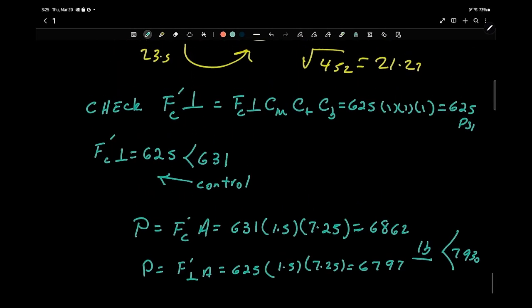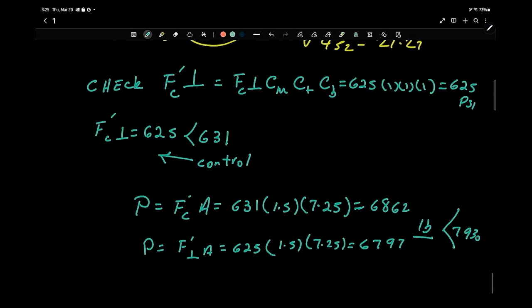Okay, so we're going to go ahead and check for perpendicular bearing, and we've done this before. And we have it comes out to 625, which is less than 631, so that controls. They both were almost the same.